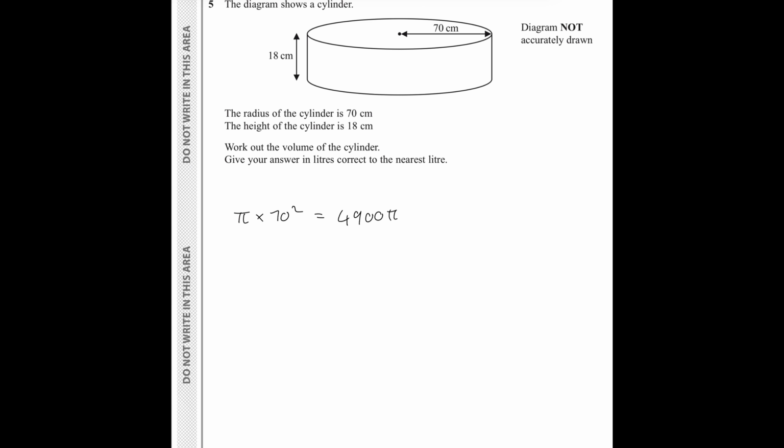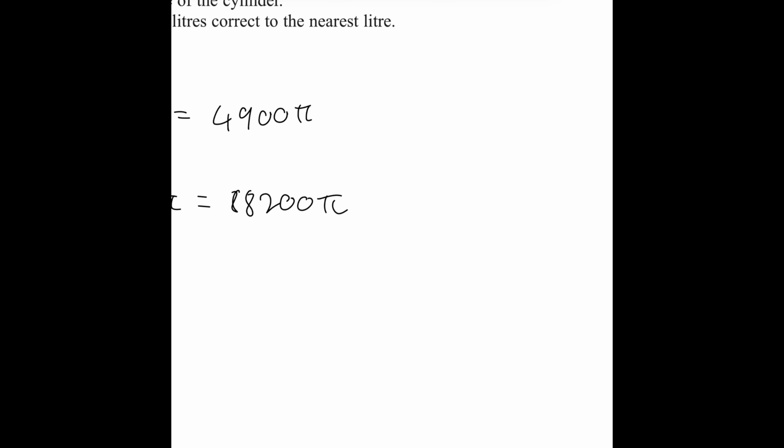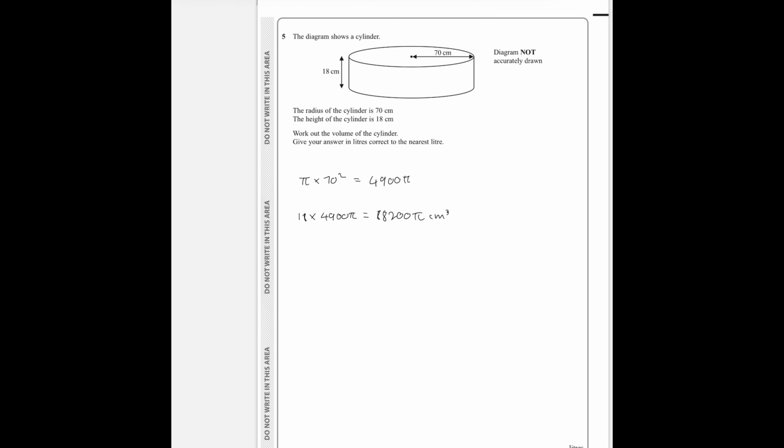And you're going to times that by 18. So 18 times 4,900 pi is going to be equal to 88,200 pi, which is going to be in centimeters cubed.